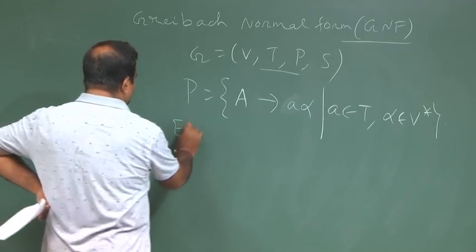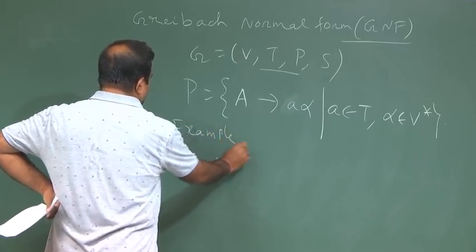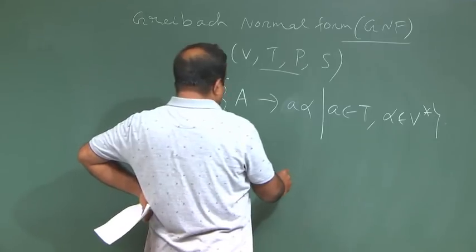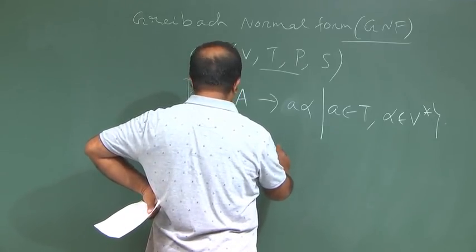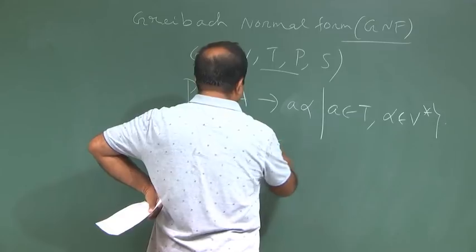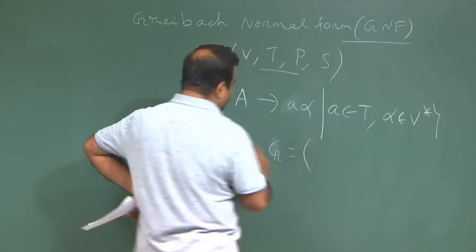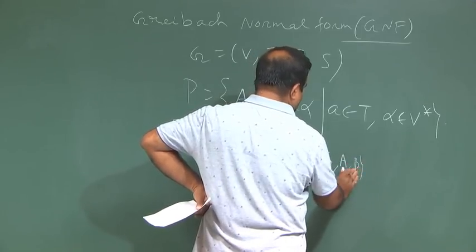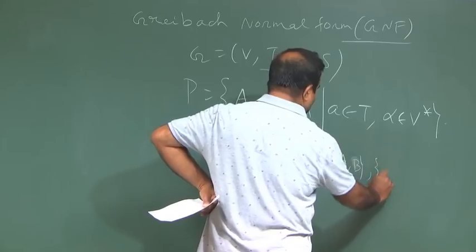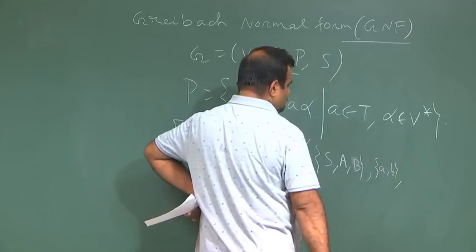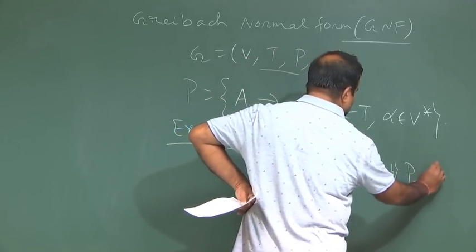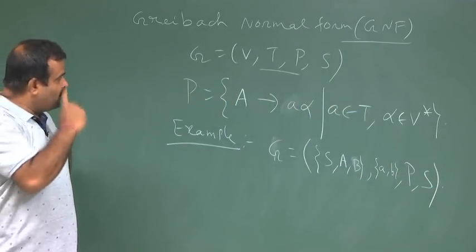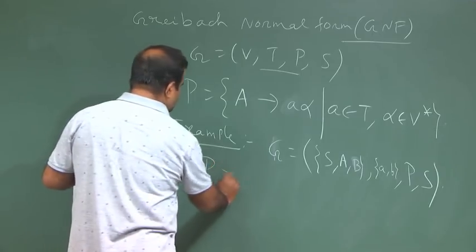For example, if we take a grammar like this, suppose we have 3 variables, S, A, B, and we have the terminals a, b, and the start symbol S. And suppose P consists of these rules.